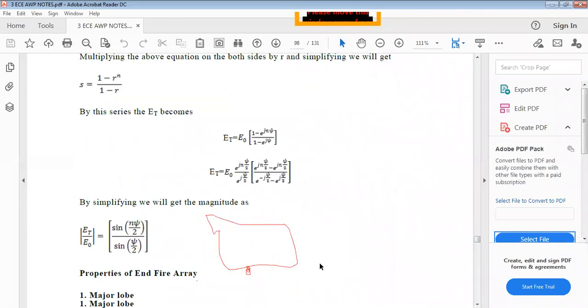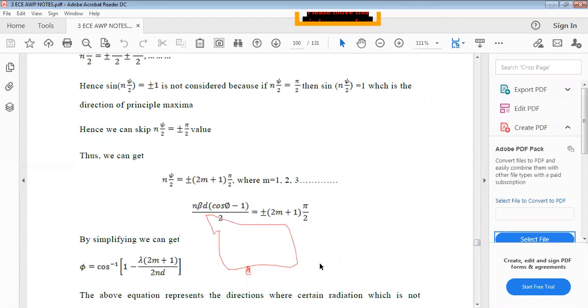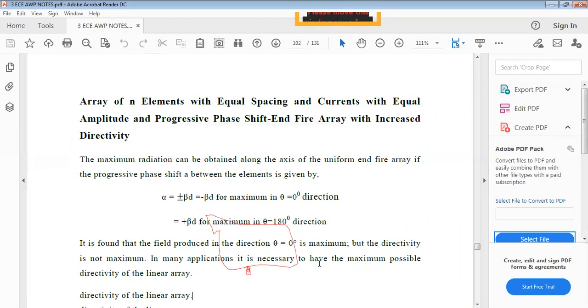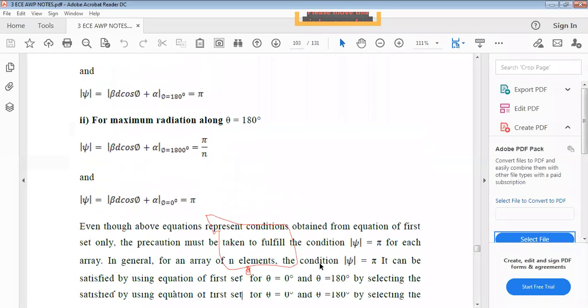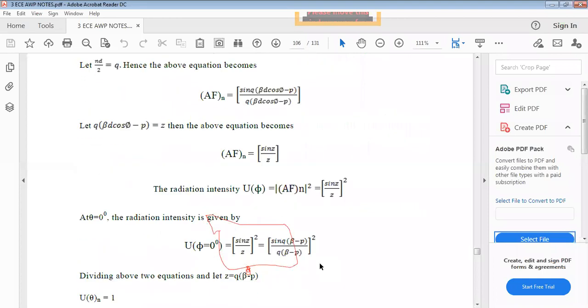Pattern multiplication method. What is meant by pattern multiplication? What is meant by radiational characteristics?